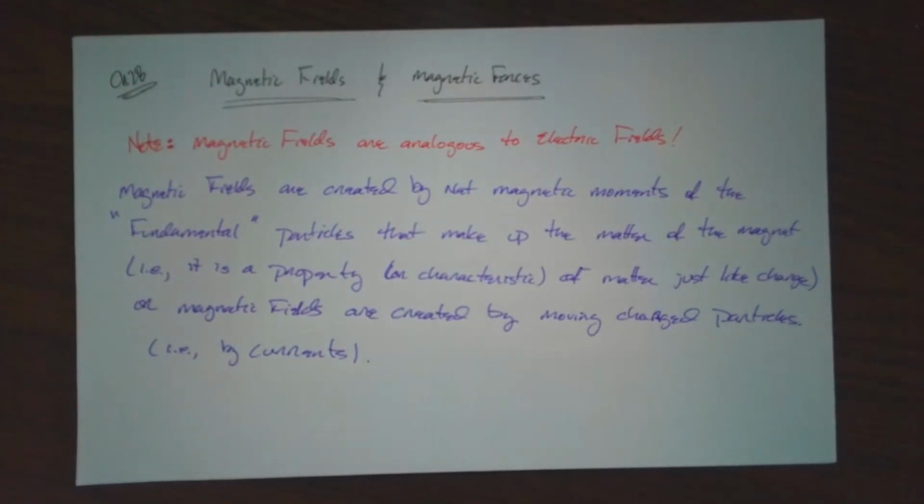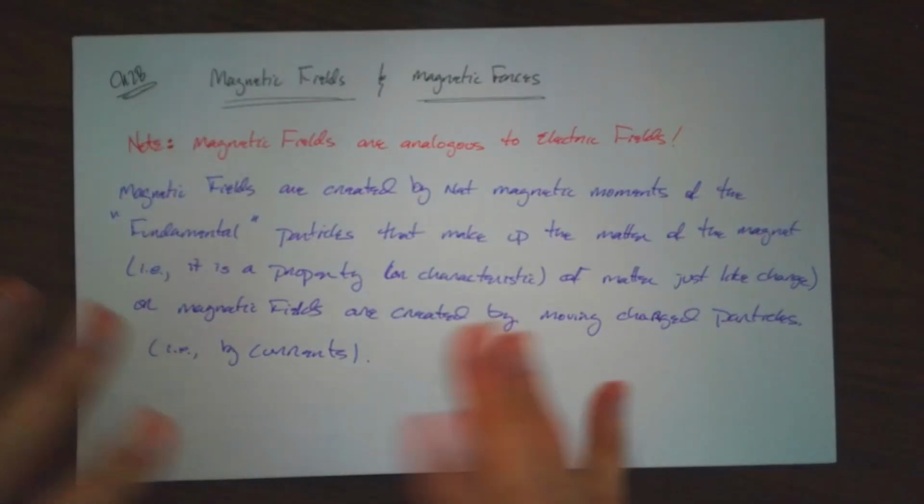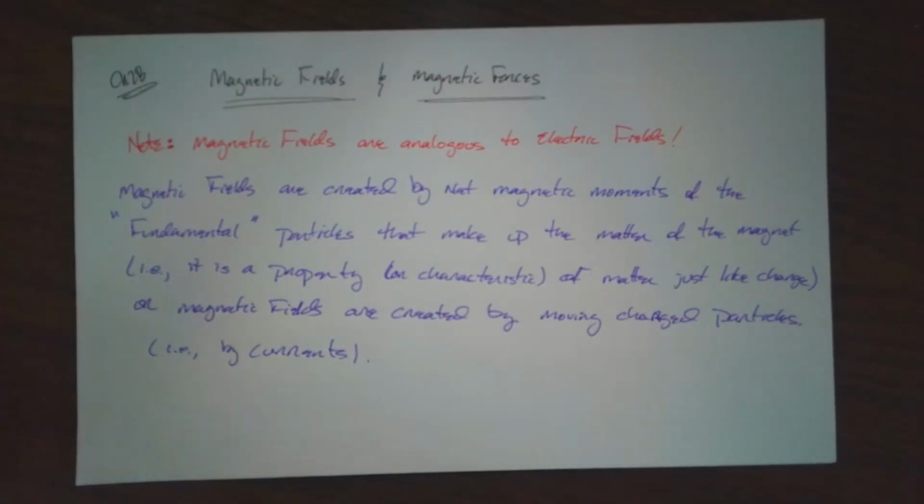Okay, so there's two ways in which we can produce a magnetic field. Either it's just the property of the matter, or it's essentially due to currents. Those are the two ways in which we can generate magnetic fields.